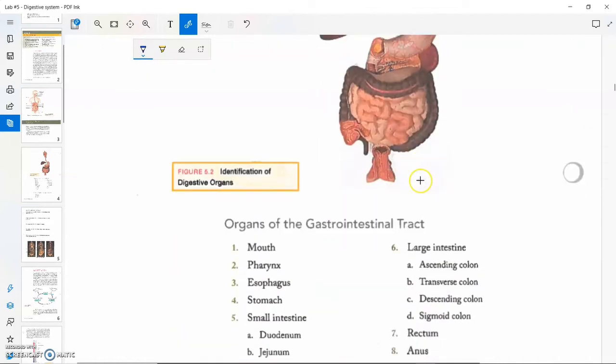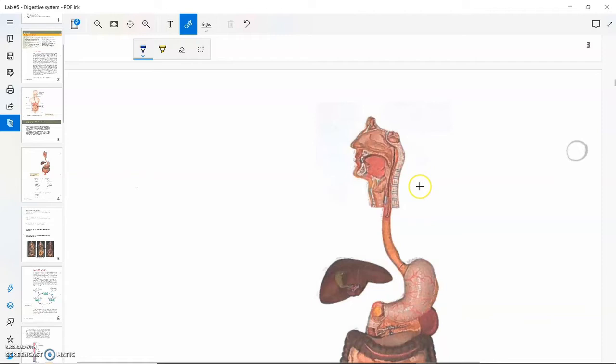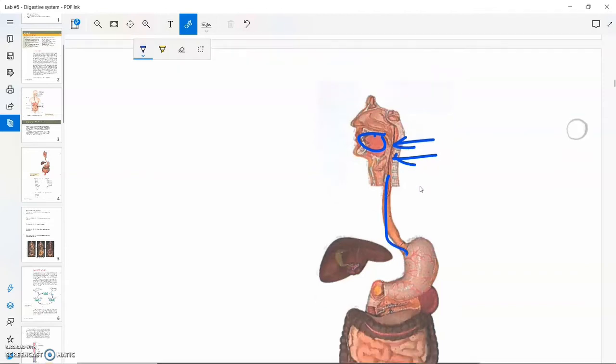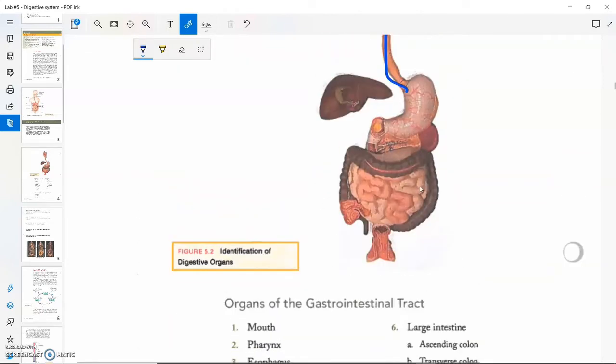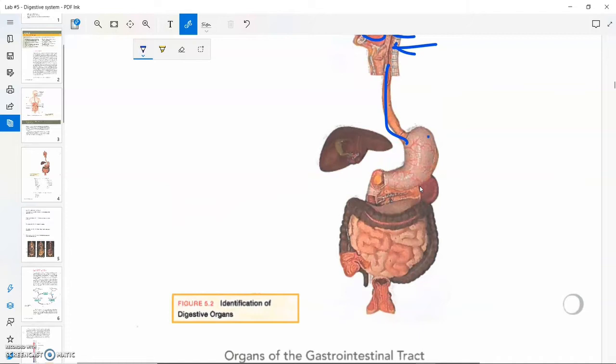So we're going to discuss some gross anatomy in this exercise. We're going to start with the mouth, pharynx, and esophagus. So here's the mouth with the tongue inside. Here's the oropharynx and laryngopharynx, and that's the esophagus. The stomach is right here. Small intestine, you can see here, that's the duodenum, that's the jejunum.